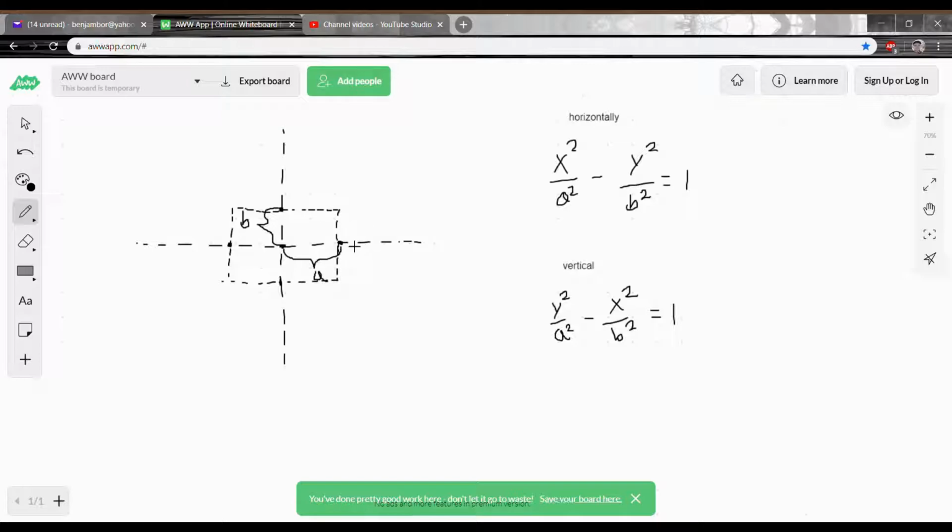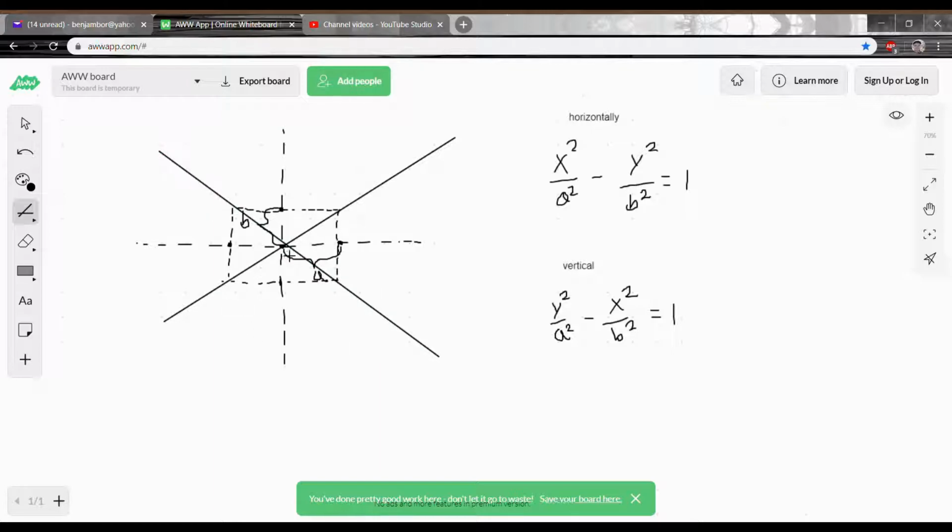Since this is a horizontal equation, we know this is the transverse axis, and it's going to open this way. But to determine how they open, we are going to draw a line through the corners of our box. So let's have a line go from here to here, and then another line from here to here, roughly.